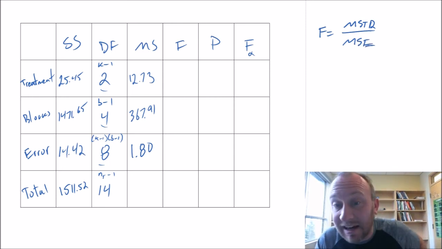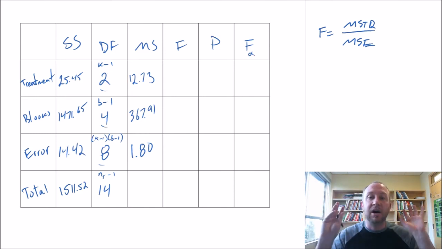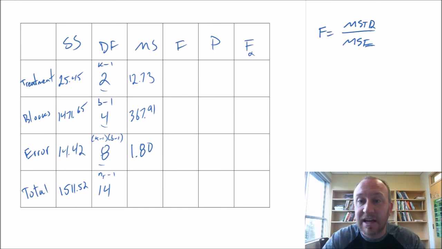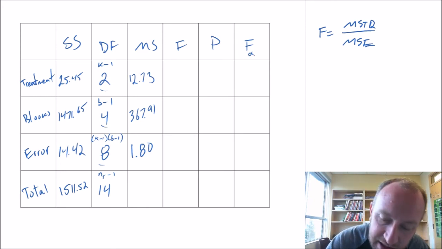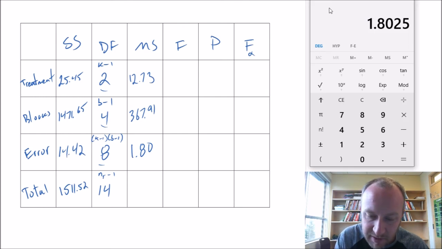We don't actually need MSBL at this point. All we're doing is accounting for that variation that exists due to blocking. So now it's been taken out of the equation. Now we can calculate just our F statistic with a ratio of MSTR over MSE.